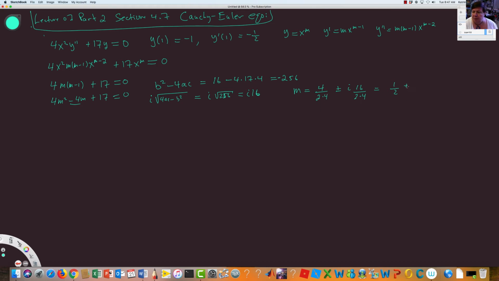And then plus or minus i over 8, 16 over 8 is 2. So that big ugly thing ended up being pretty nice. And these are our m's, and they're complex conjugates: 1/2 plus 2i and 1/2 minus 2i. Okay, complex conjugate roots, which is always the case when you have a situation like this.